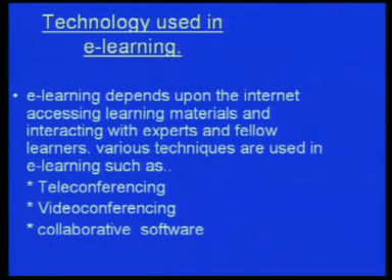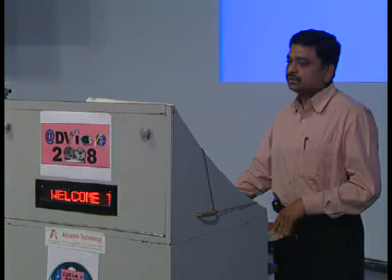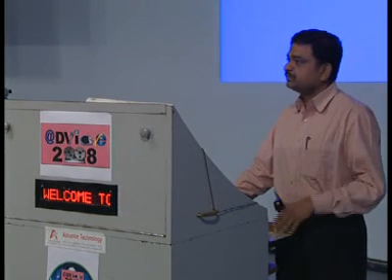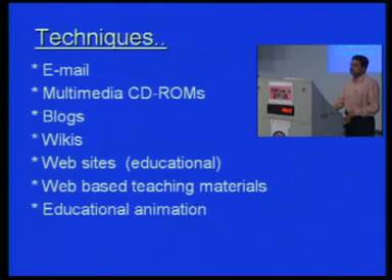In video conferencing, video and audio signals can be transmitted simultaneously. We have collaborative software which is used by a number of people simultaneously. Then we have multimedia CD-ROM, the most popular email, blogs, wikis, websites, web-based teaching material, educational animation, etc. These are the various techniques.